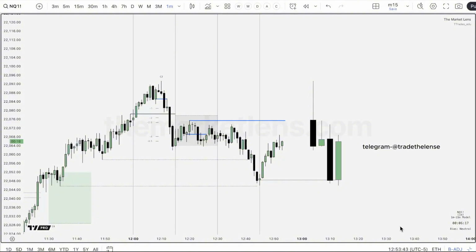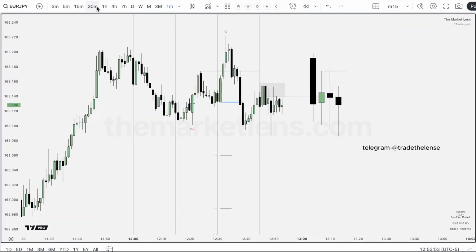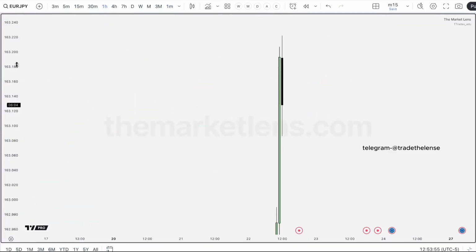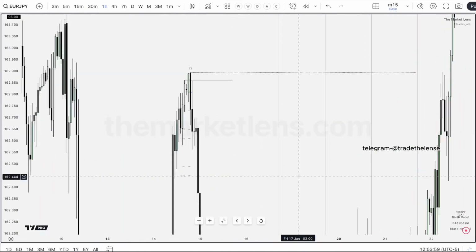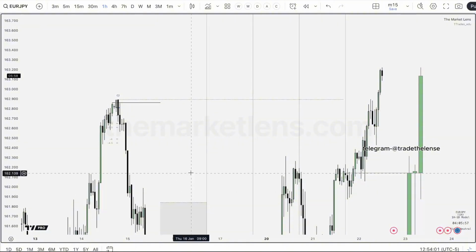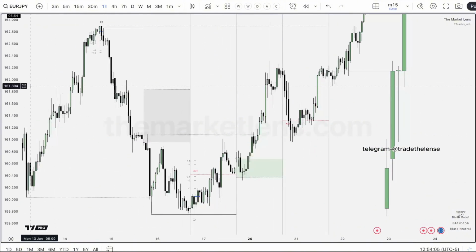For your GBPJPY chart you were on, how did you plot other possible targets? That's just built into my model. So if we go to Euro GBPJPY, right here, we're on the hourly. It's just always going to plot my targets. In this case, that's the only one because that's the previous high in the swing.